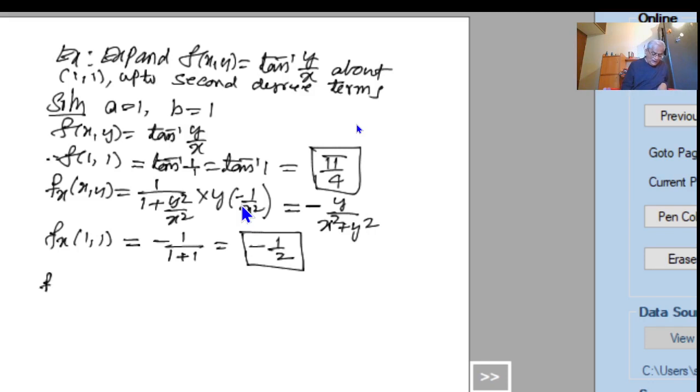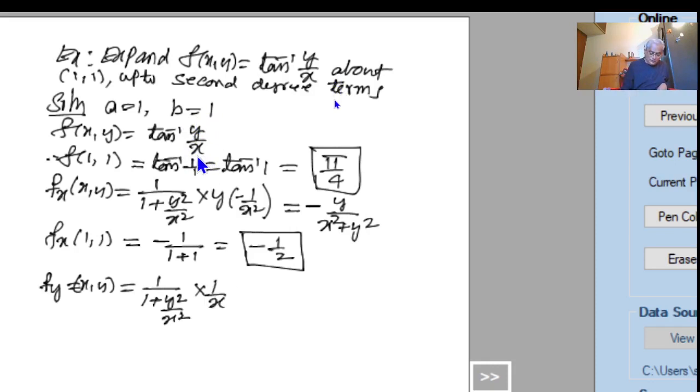Then we go for fy of xy is equal to, again f is here. I am differentiating this partially with respect to y. First tan inverse derivative is 1 by 1 plus y square by x square into y by x derivative. I am differentiating partially with respect to y. 1 by x is a constant quantity.